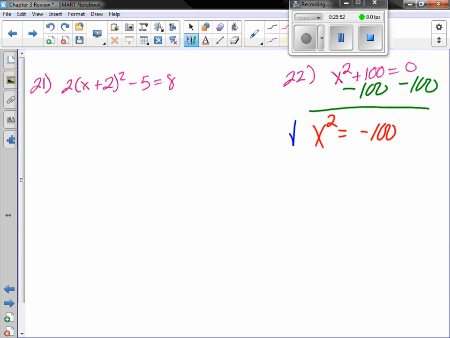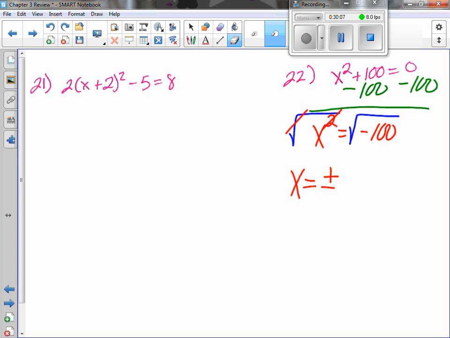And then we can square root both sides, and the square root of x squared will cancel, giving me x is equal to plus or minus? Well, the negative is going to come out as i. Yep, square root of negative 100 is 10i, plus or minus 10i.